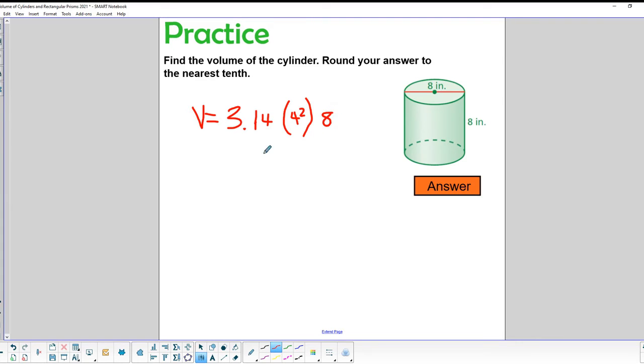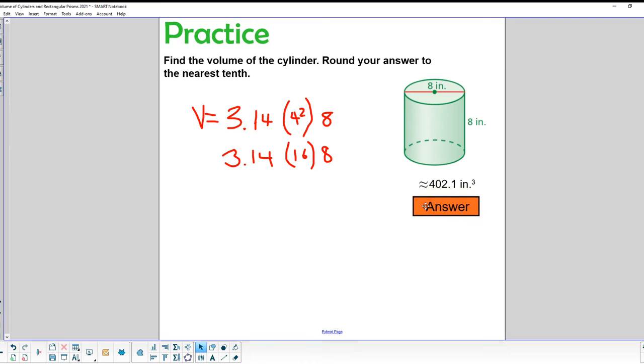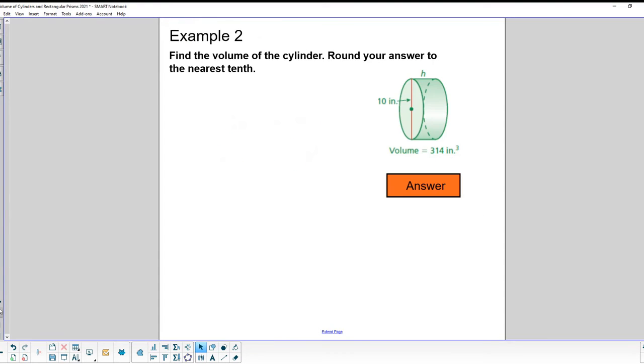So 3.14, 4 squared is 16, and then we have a height of 8. So 3.14 times 16 times 8, and our answer is approximately 402.1 cubic inches in that particular cylinder. So these aren't too bad, are they? I think that's very doable if you'll remember the formula.